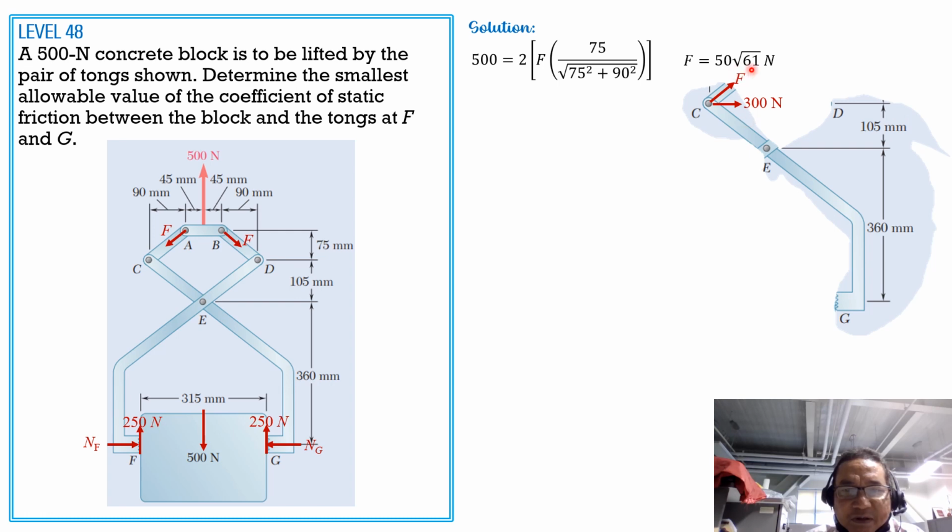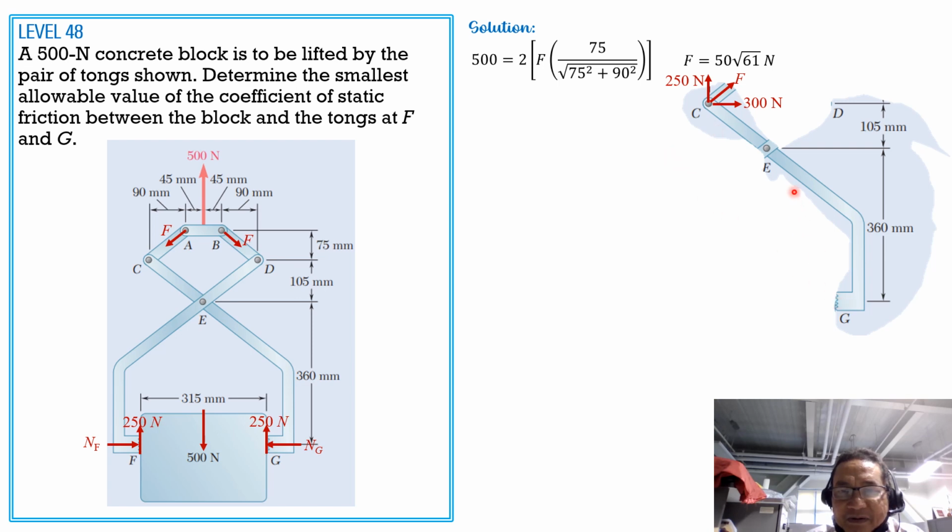The vertical component, of course, is 50 square root of 61 times 75 over square root of 75 square plus 90 square, and it is expected to be 250 newtons.